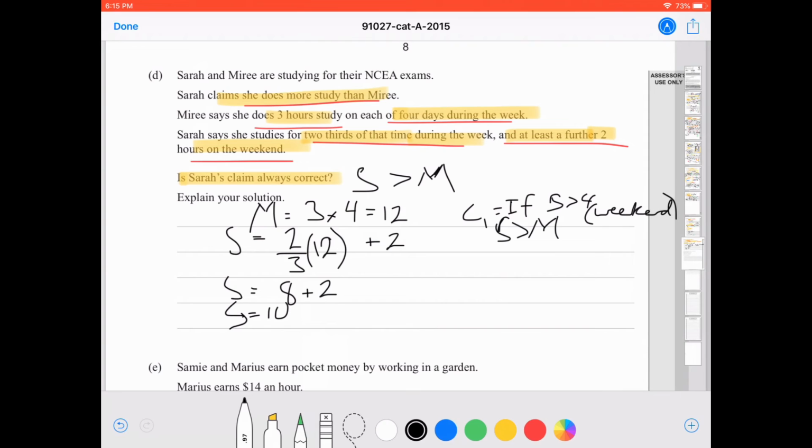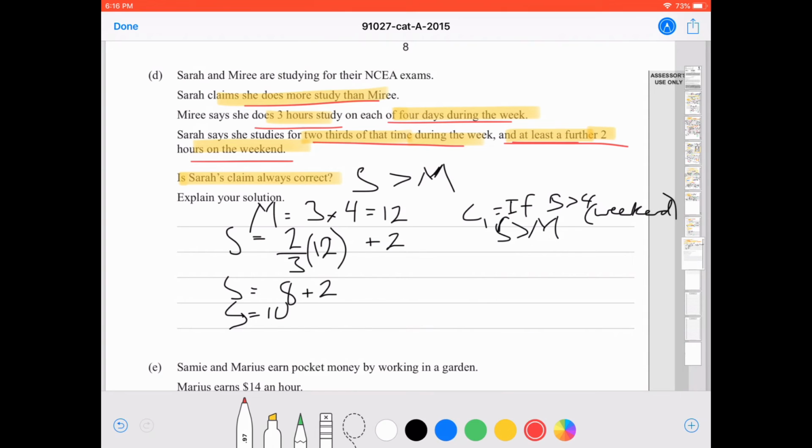And how is that even possible when she doesn't say she studies for 2 hours on the weekend? The key to this question is Sarah says she studies for at least a further 2 hours on the weekend, okay? And so that means it can be more than 2 hours, obviously.